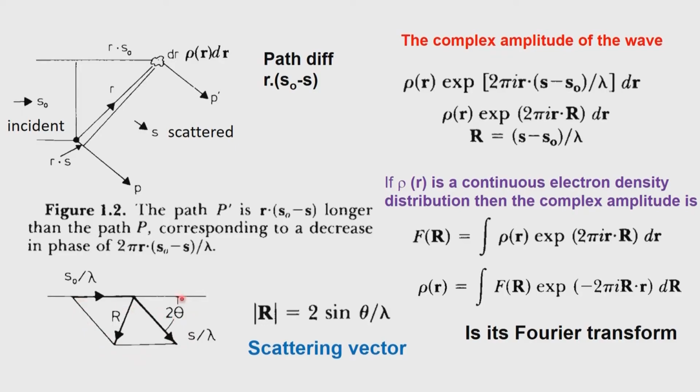Now, how does S by lambda vary with respect to S naught by lambda? We can consider that detail by considering the possibility of having atoms put here, which we will discuss later. At this moment the modulus of r is equal to 2 sin theta by lambda. What you notice immediately is that this quantity r, as we have been telling already, is inversely proportional to length, and therefore these scattering vectors represent vectors in reciprocal space.